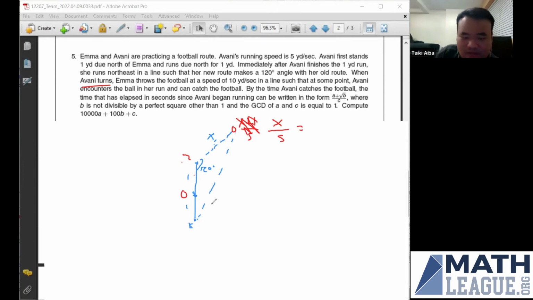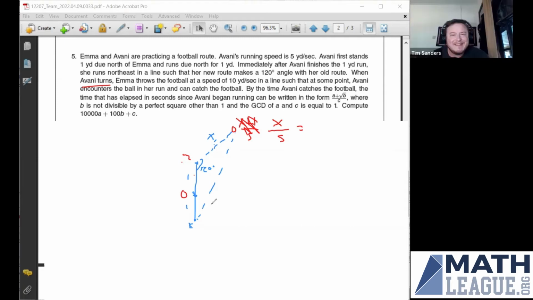Actually, what I was thinking is, this run after turning has a distance of x. Since the football moves at twice the speed of Avani's running, the same amount of time gives 2x.